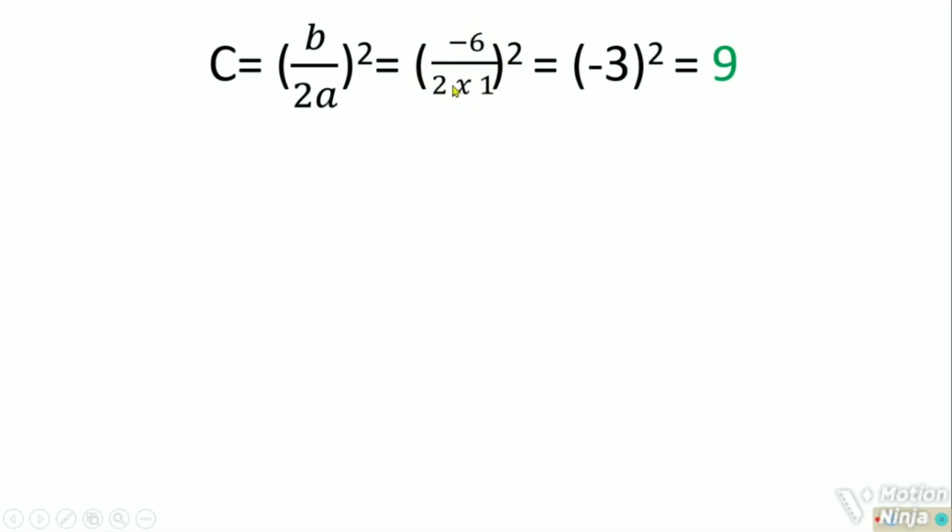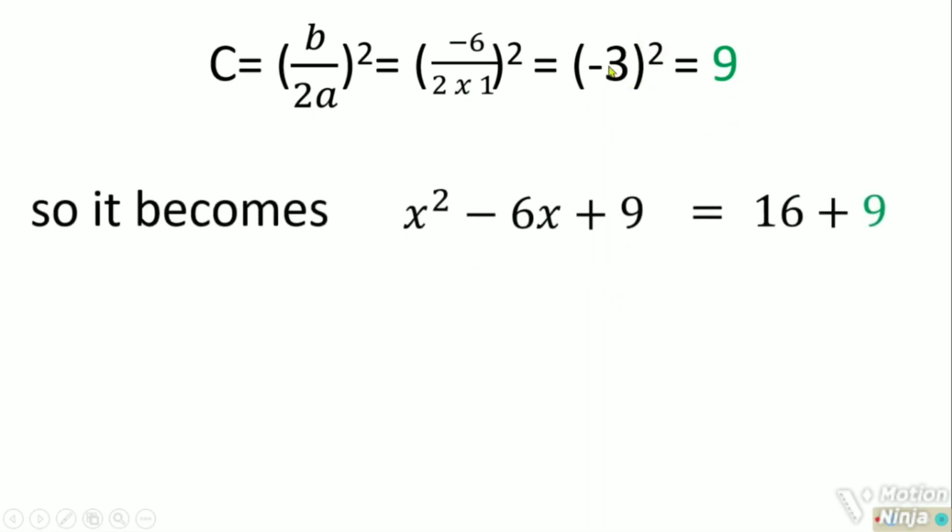Negative 6 divided by 2 will be equal to negative 3. Then we square it, so negative 3 squared will be equal to 9. So we are going to add 9 in place of c. So the equation will be x squared minus 6x plus 9, which is equal to 16 plus 9.